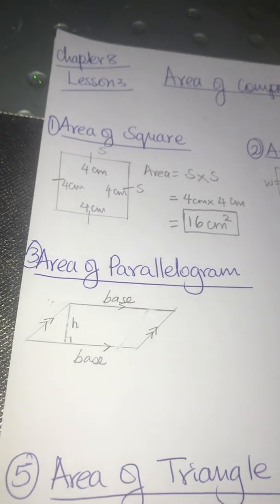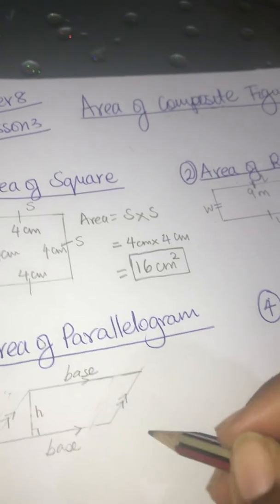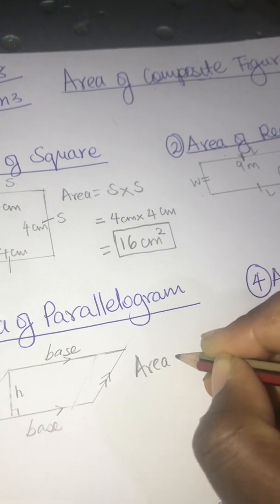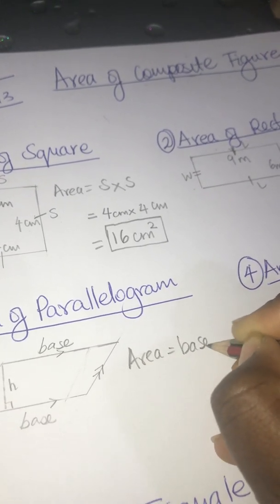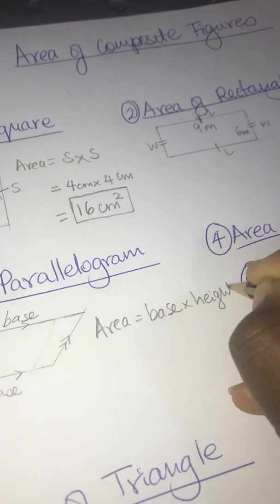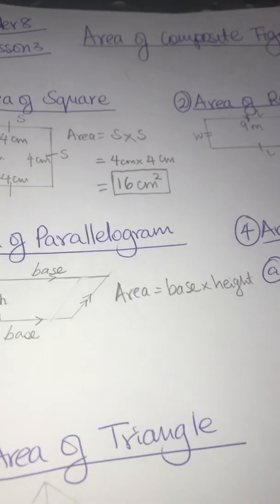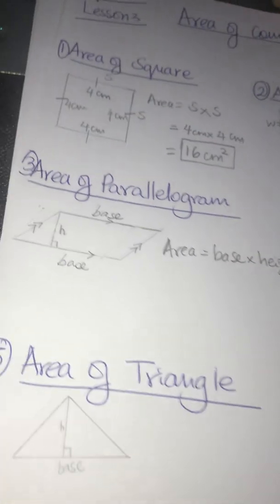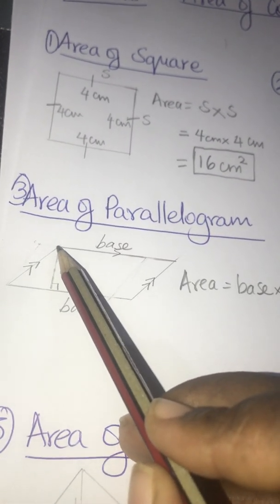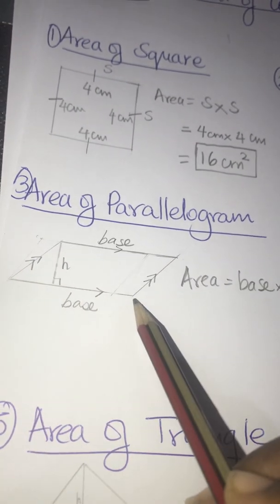So now let's do area of a parallelogram. Area of a parallelogram is given by area equals base times height. Base times height, or just write B times H, okay? Now, in your parallelogram, the base is the long side. Use the long side as the base.